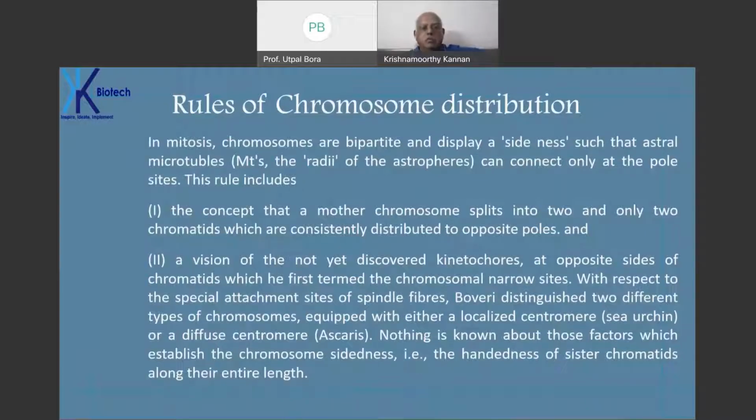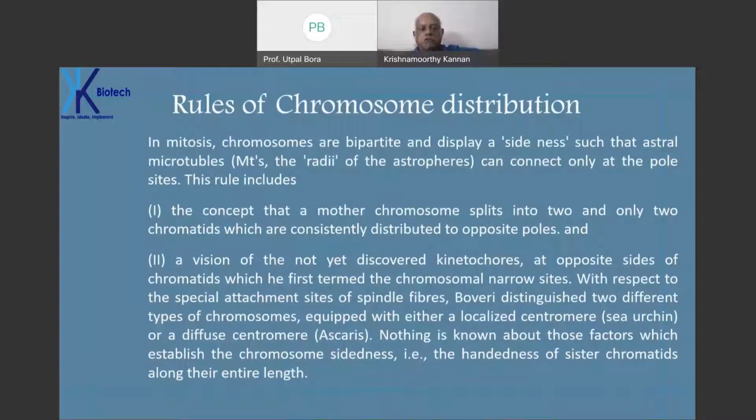The concept that a mother chromosome splits into 2, and this we will come to know when we also talk about stem cells, the mother stem cell. So the concept that a mother chromosome splits into 2 and only 2 chromatids, which are consistently distributed to opposite poles. These were all observed by him and published.